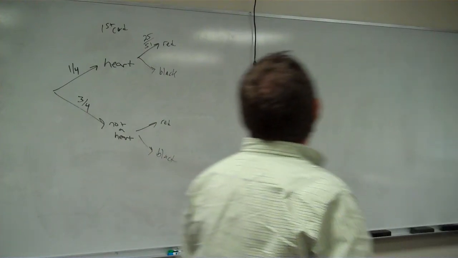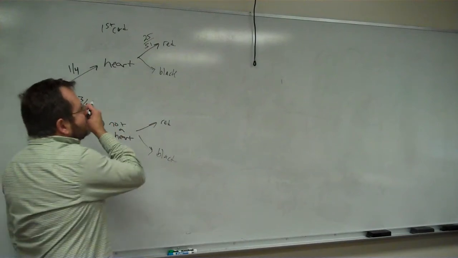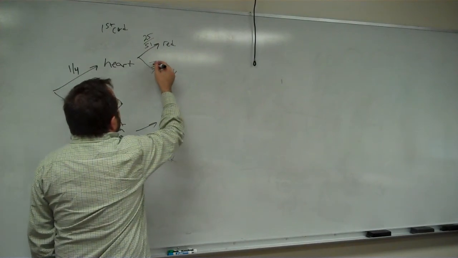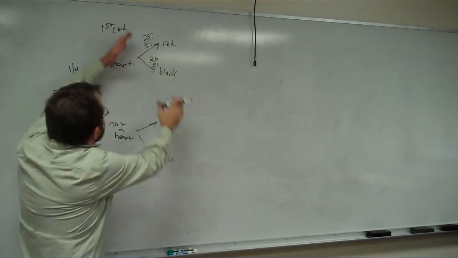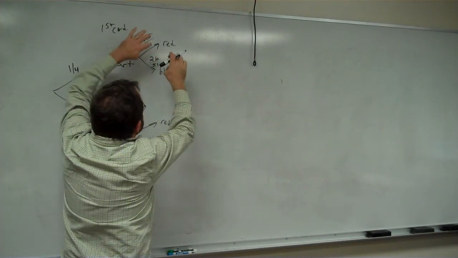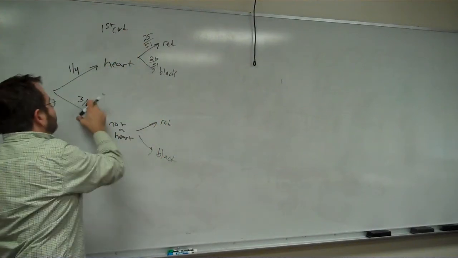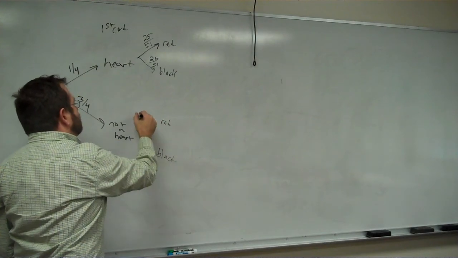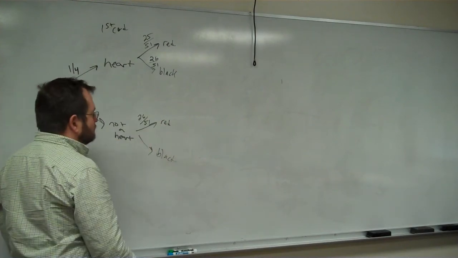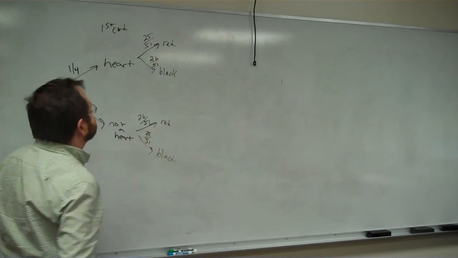So 25 out of 51 of the cards left are red. How many cards left are black? Out of the 51 cards that are left, 26 are black. Notice, by the way, that in this node, or whatever the right word is, this adds up to 1. Alright, the first card I pulled was not a heart. There are 51 cards left, of which 26 are red. And of the 51 cards that are left, 25 are black.